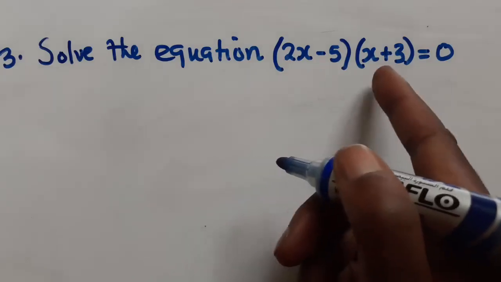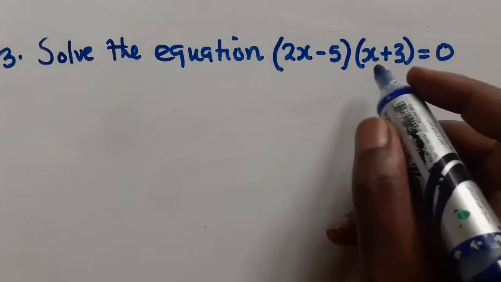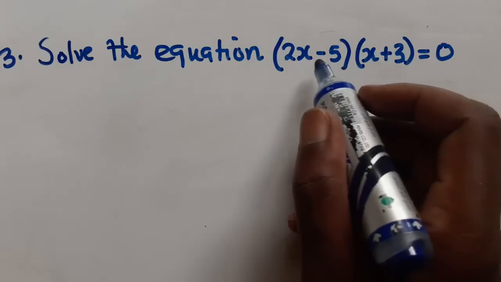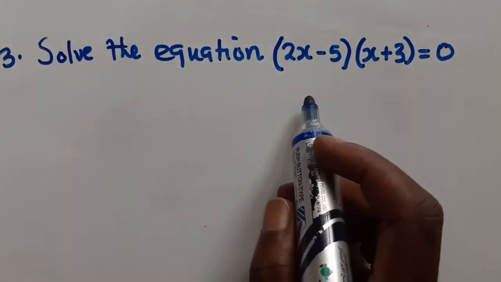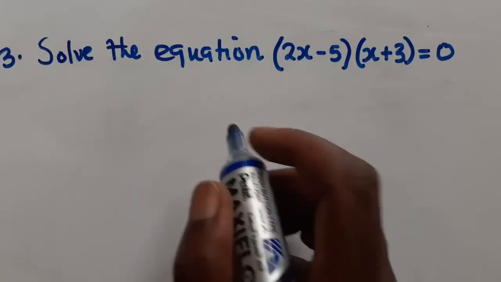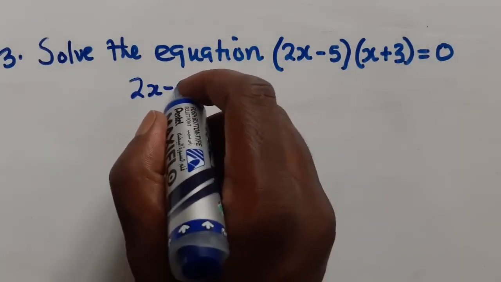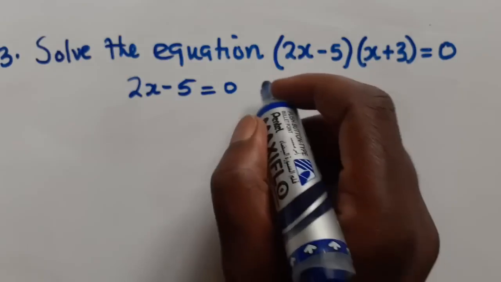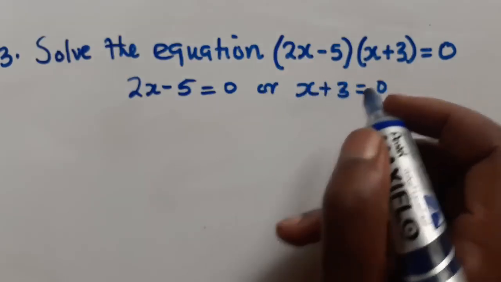So what are we supposed to do here in order to get the values of x? We are going to equate each of these factors to 0. So we're going to get the first one here and say 2x minus 5 is equals to 0, or x plus 3 is equals to 0.